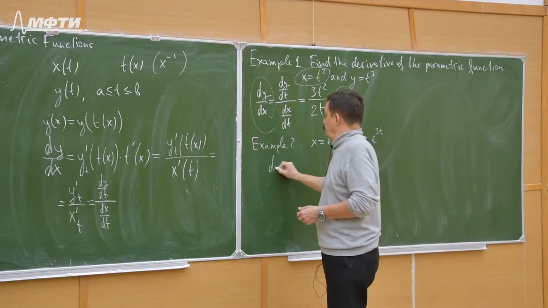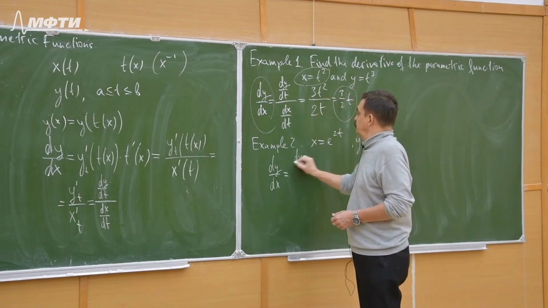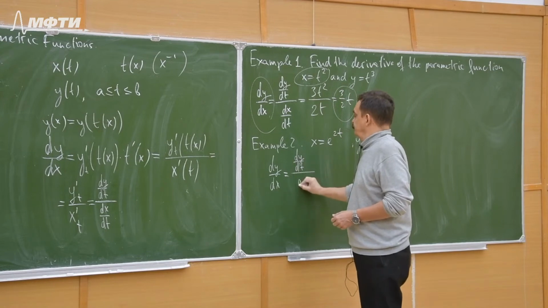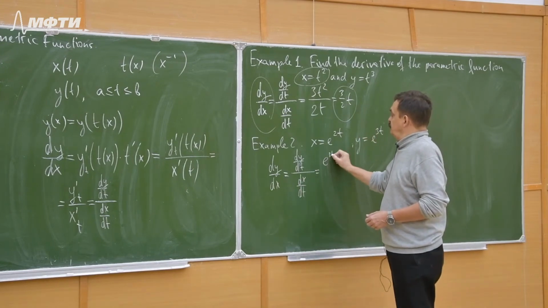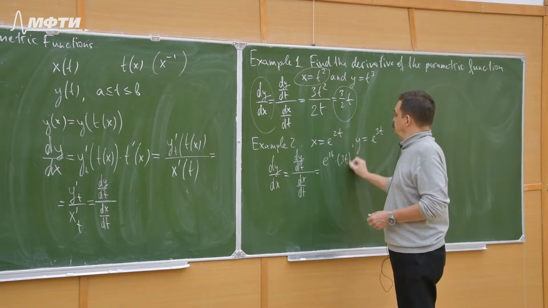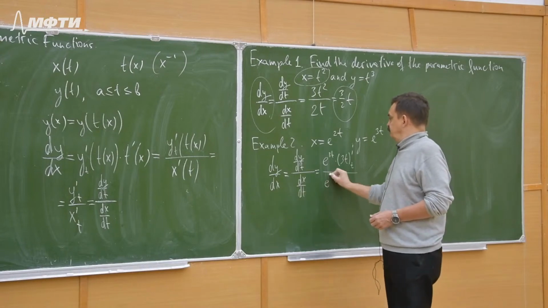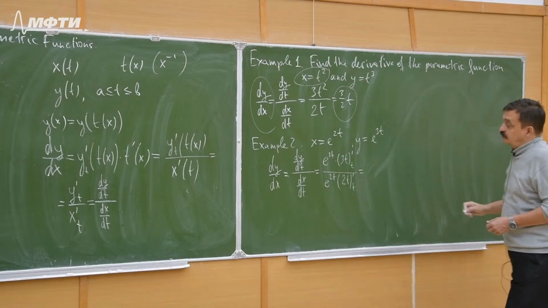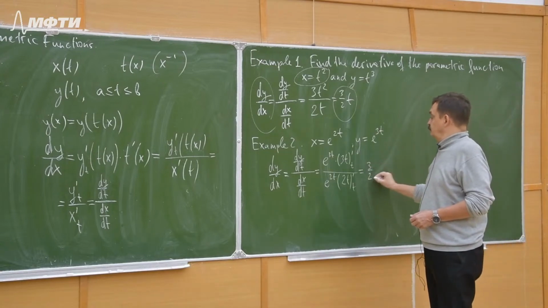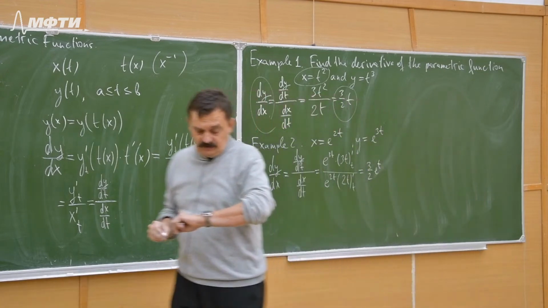And dy over dx equals dy over dt over dx over dt. That's it. E to the power 3t times 3, over e to the power 2t times 2. Let me put here t. We take the derivative with respect to t, so by chain rule. And it gives 3 over 2 e to the power t. That's it. Okay, let's have a break.